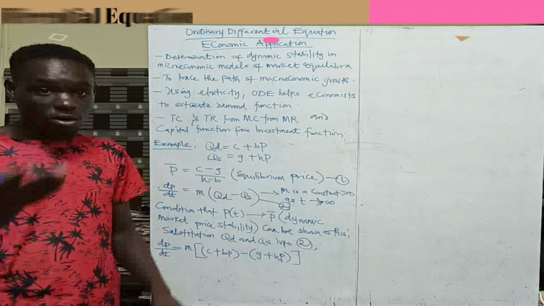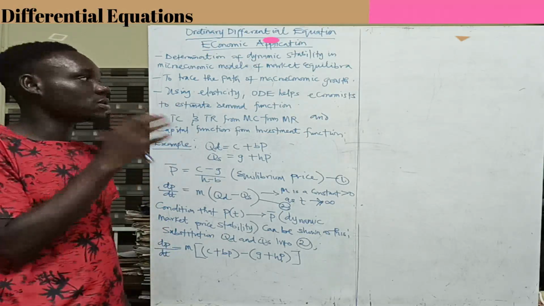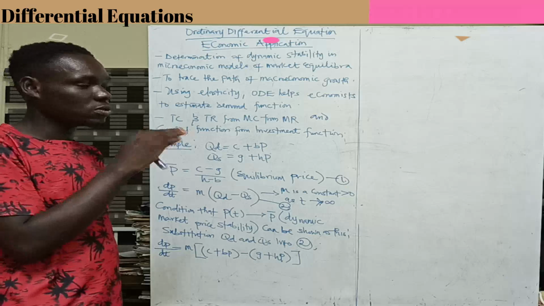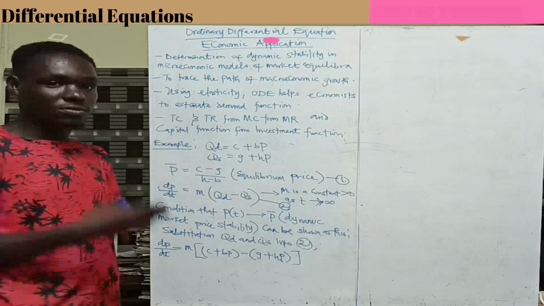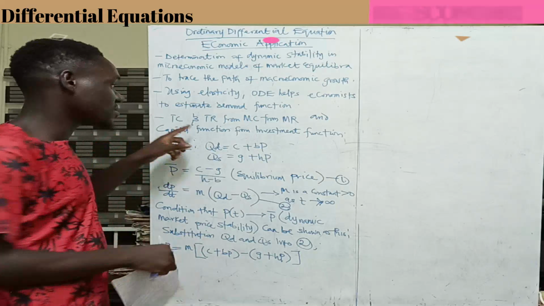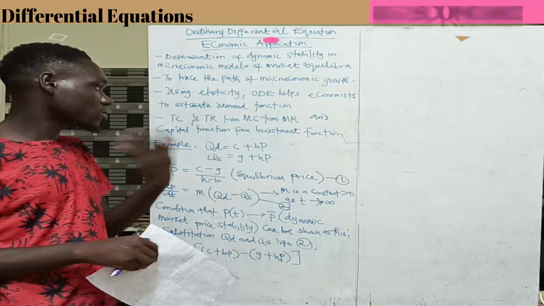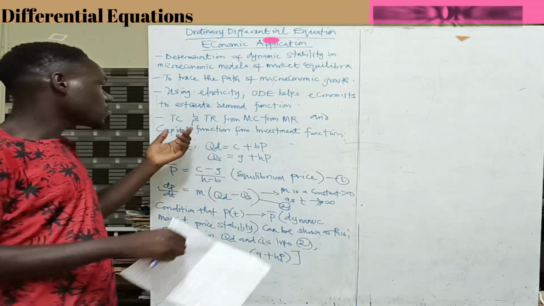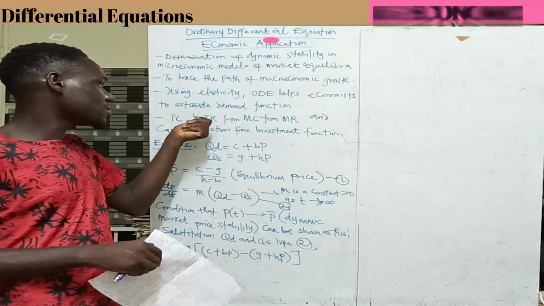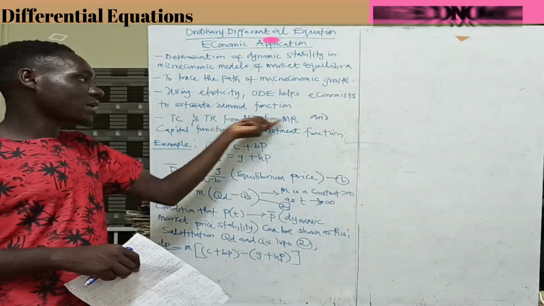So the integration: one of the things we used frequently when dealing with the ODE was the concept of integration. So we integrated, and we use that continuously. So the TC and TR are just the integrals of this.